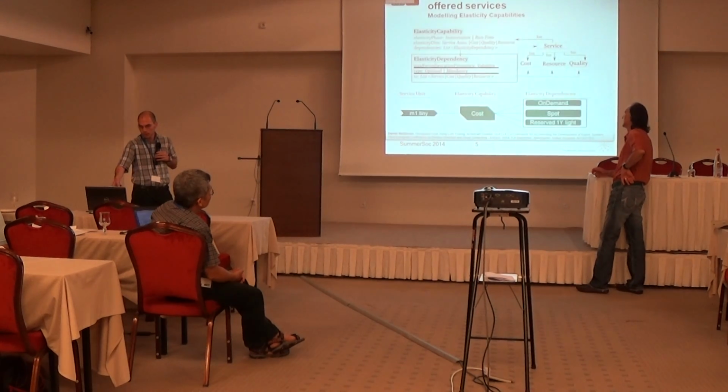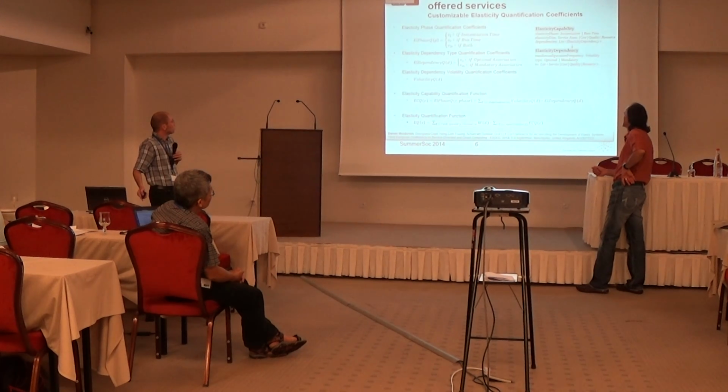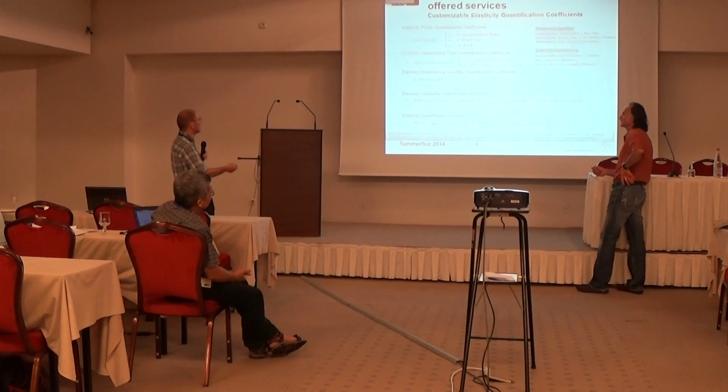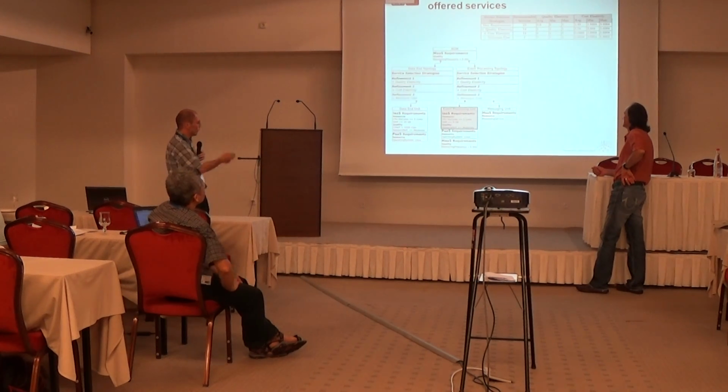So we have an XML representation that supports this. You can define one service with different types. And then you can also define some quantification coefficients. It's configuring your system, this tool. And then you can also specify requirements. Currently, you can specify for each individual unit.